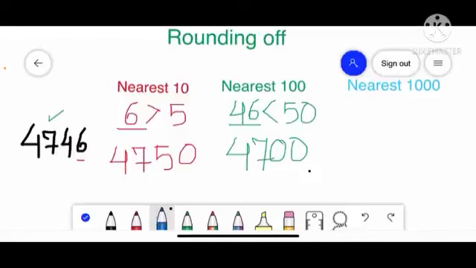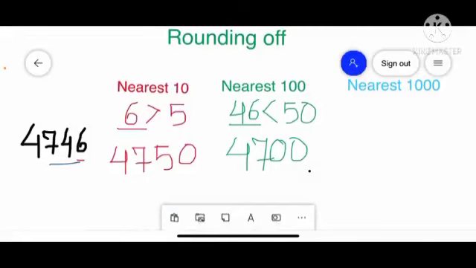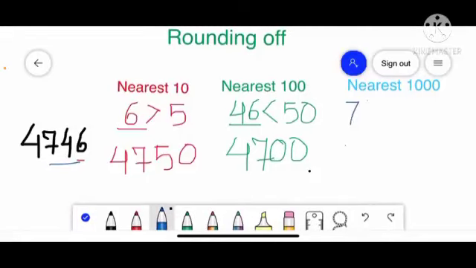Now we will round off the number to the nearest 1000. For rounding off to the nearest 1000, we will check the last three digits, that is 746. Now 746 is greater than 500.